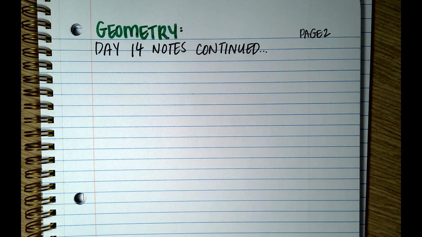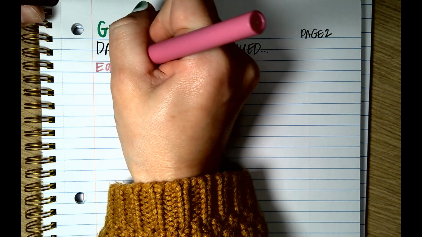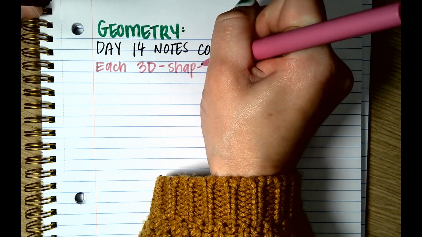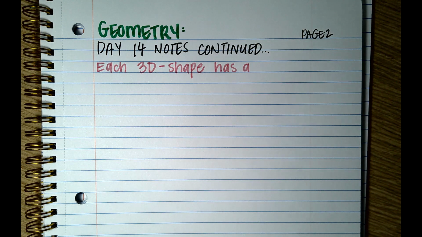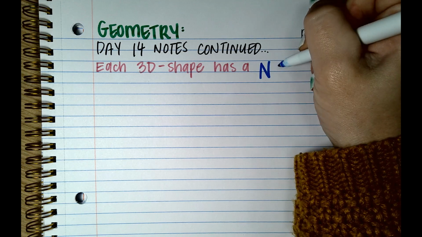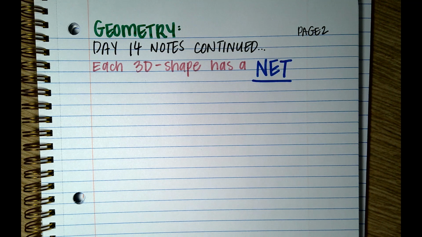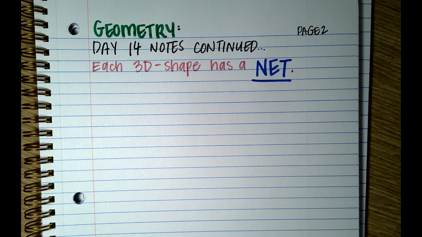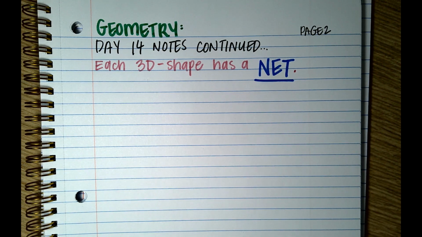So each 3D shape has a net. I'm going to write that. Each 3D shape has a net. And the net is all of the faces or the flat surfaces of that 3D shape laid out, connected together.